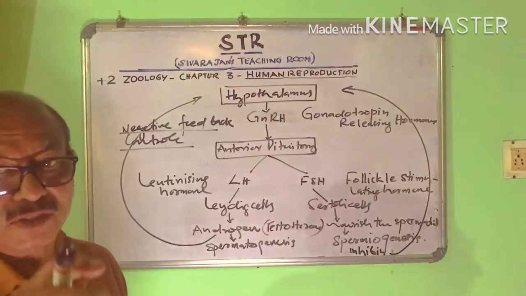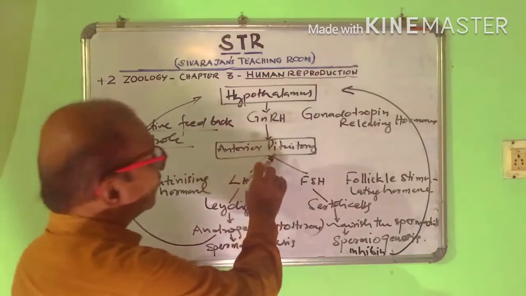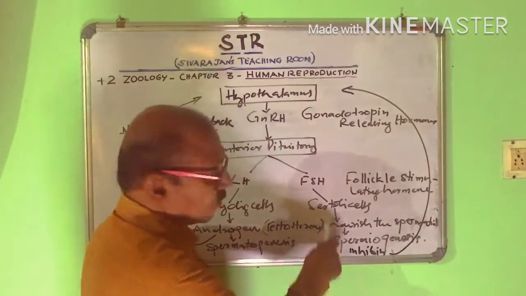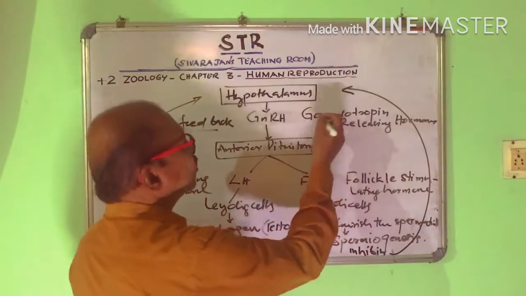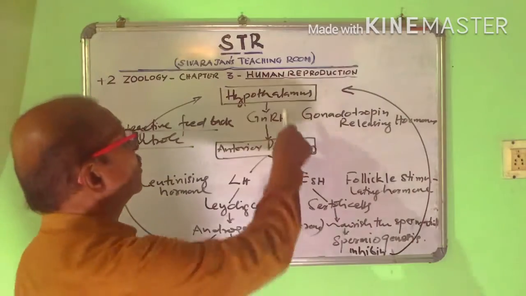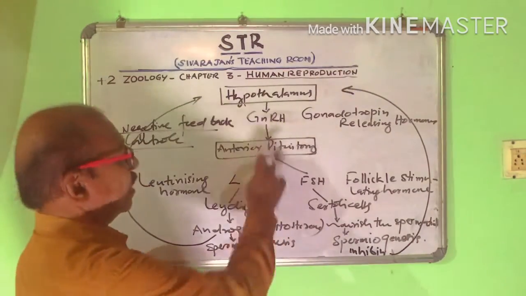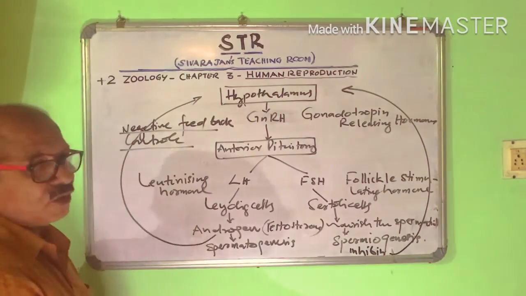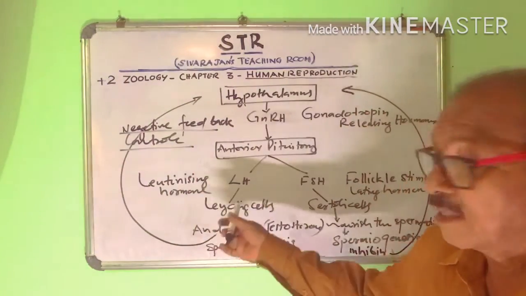So GnRH production decreases. Like that, when the inhibin, the protein, is produced by Sertoli cells, the presence of inhibin also induces the hypothalamus to stop the production of GnRH. This is called negative feedback control of the male reproductive system.